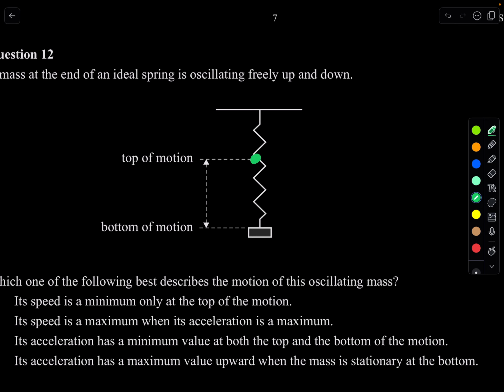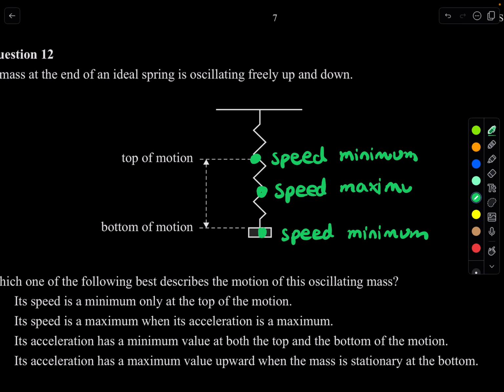So speed is at its minimum at the top and also at the bottom, where the kinetic energy is 0. You're probably asking, where is the speed at its maximum? It's in the middle, at the equilibrium position.